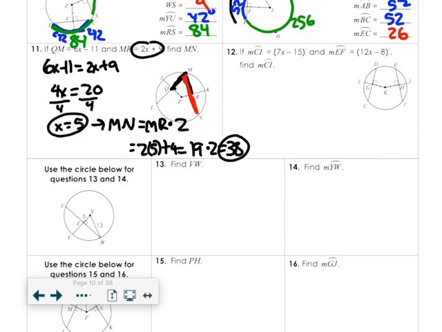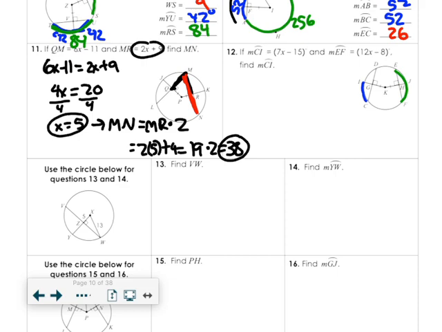Number 12. If this arc CI is 7x minus 15, and EF equals 12x minus 18, they're going to ask us to find arc CI. So what I need is something that I can set this blue arc equal to.